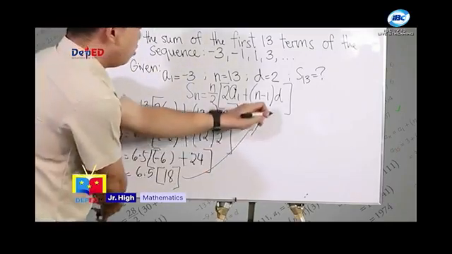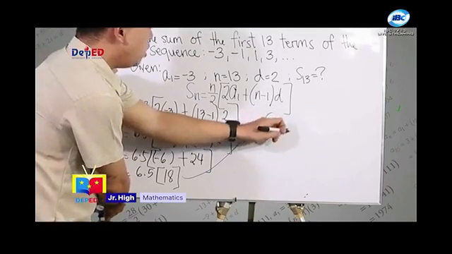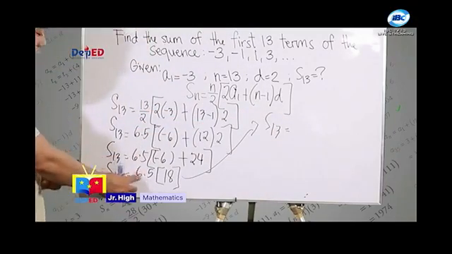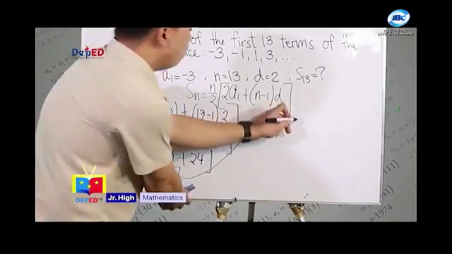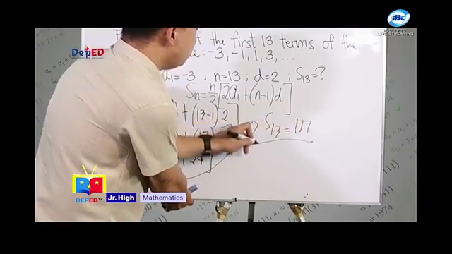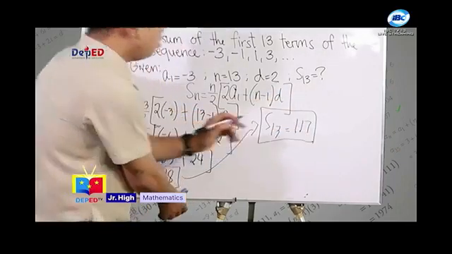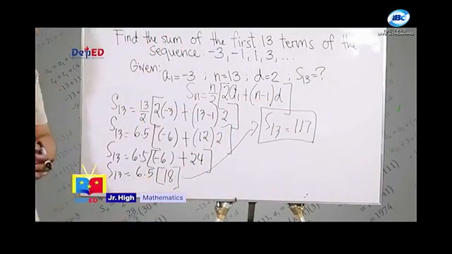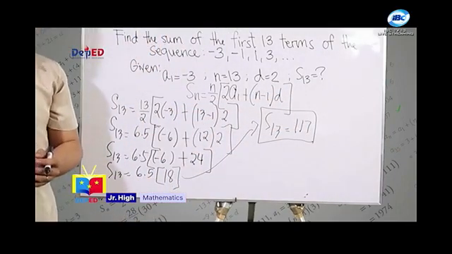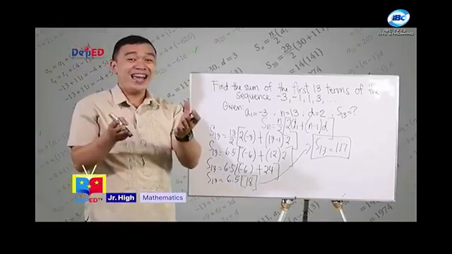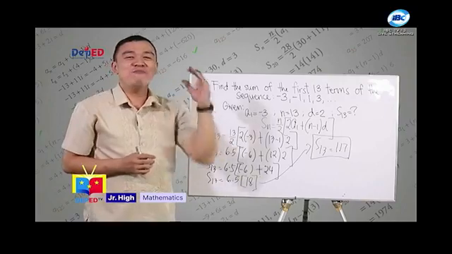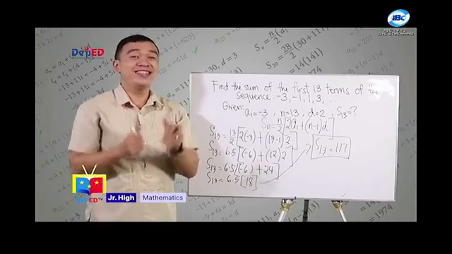Then, our s sub 13 now will be equal to the product of 6.5 and 18. We will have 117. So the sum of the 13 terms of this sequence is equal to 117. How's that? Oh, so amazing! Well done!